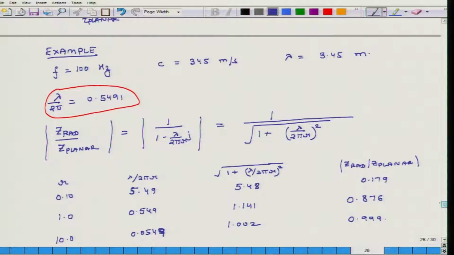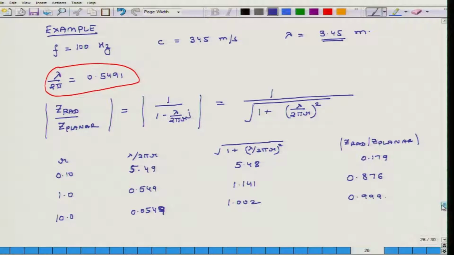Okay. So, lambda is 3.45 meters, this r is about 10 meters. So, roughly, if we are 3 times away from the source compared to lambda, then the impedance for the radially propagating wave is pretty close to that for a planar wave.